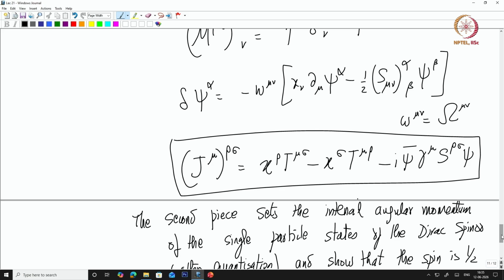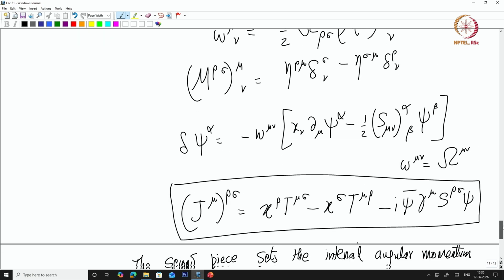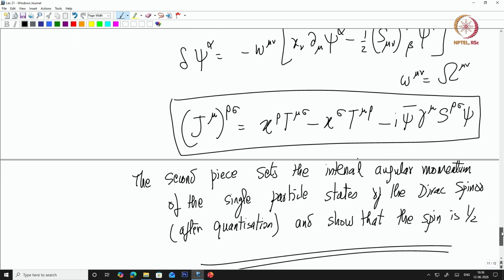So the spin, the internal momentum of the particle which is transforming under the Lorentz transformations and the Clifford algebra in the Dirac spinor, is spin half anyway, because it transforms as a fundamental under the product of the two SU(2)s. That is one way of saying it. There is another way of arguing essentially.